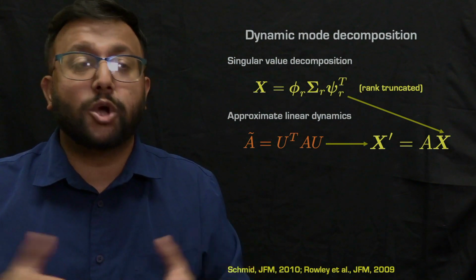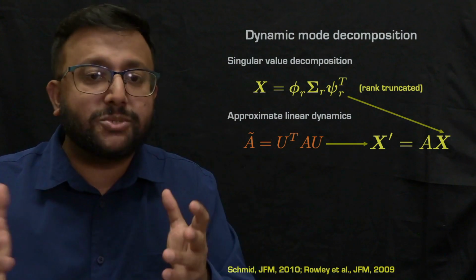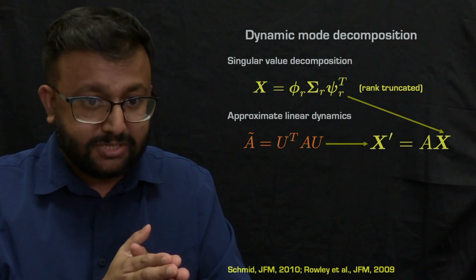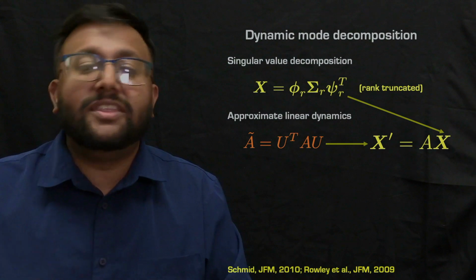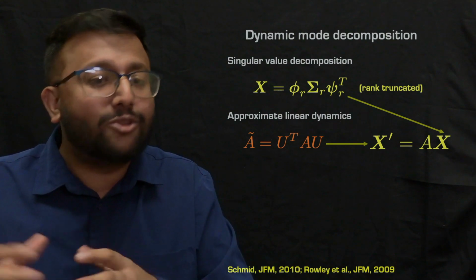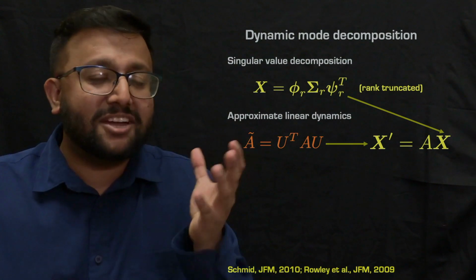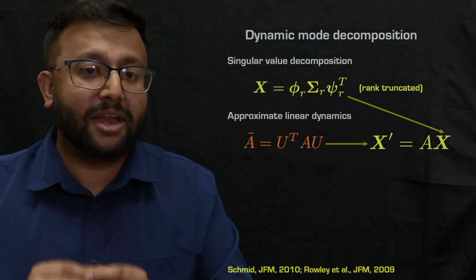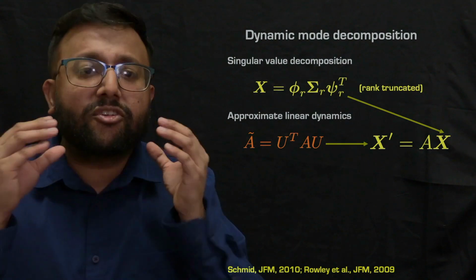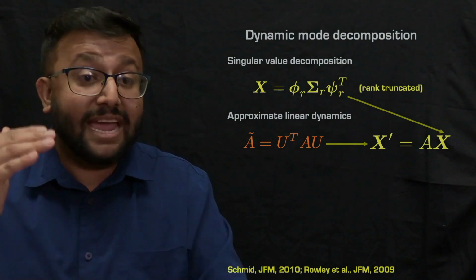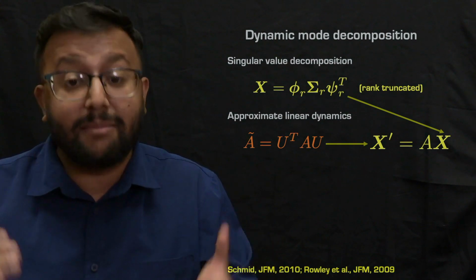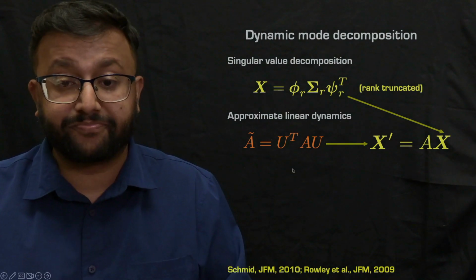That's it. So when we just perform SVD, we got POD modes. If we just project the operator A onto these POD modes, what essentially comes about is this approximate operator A tilde. And it makes for a very tractable way to get these dynamically important modes in the flow.